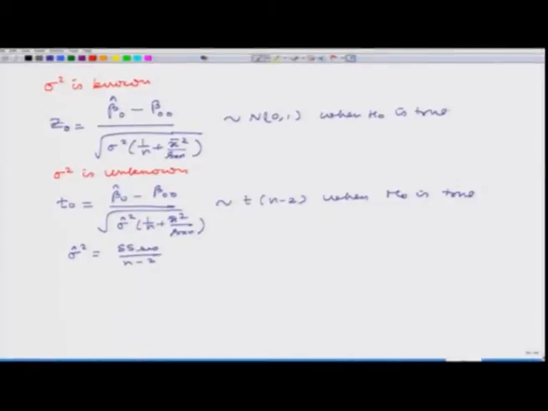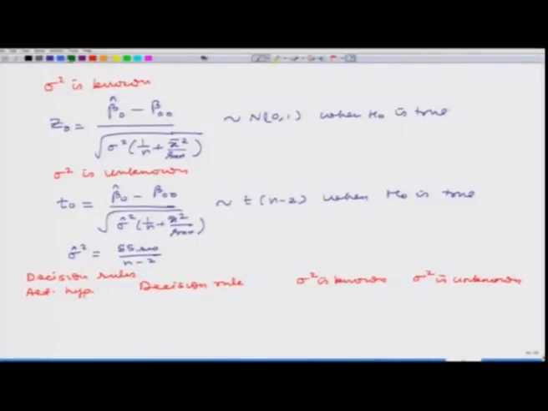Now, what about the decision rule? The decision rule remains the same. We will just write it down briefly. Depending on my alternative hypothesis, I will write down the decision rule under two cases: when sigma square is known and when sigma square is unknown, right.